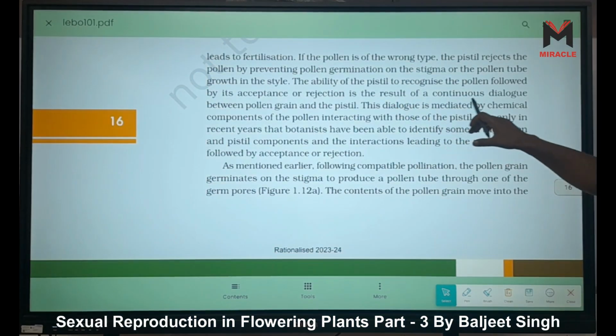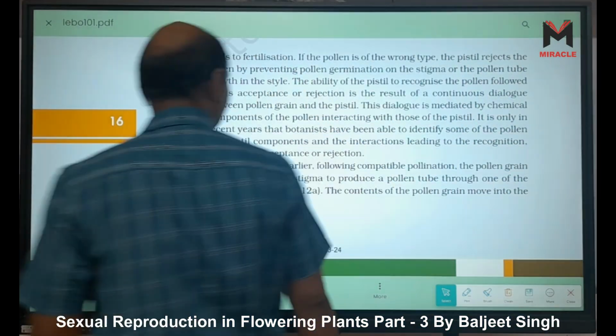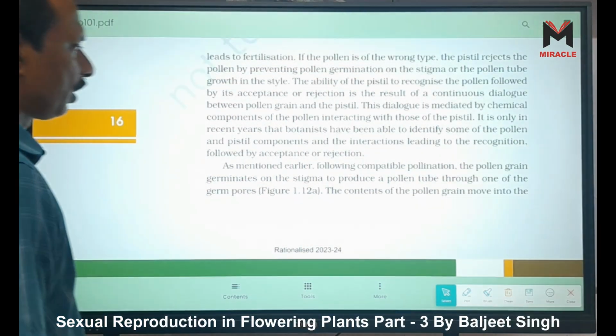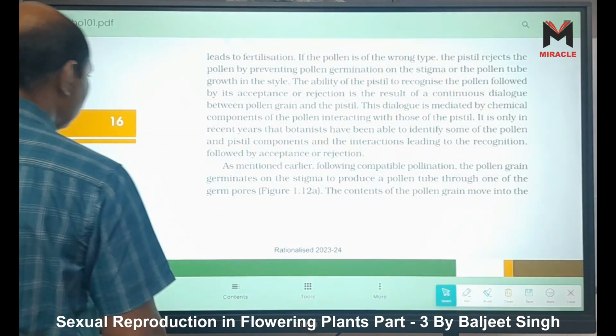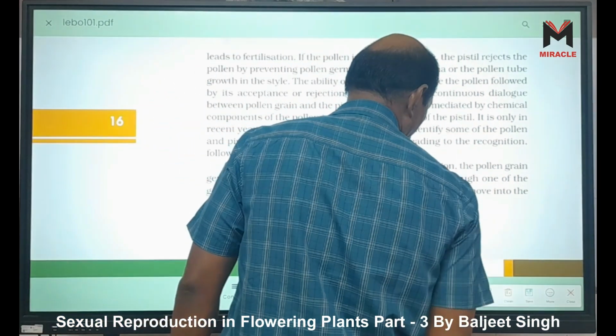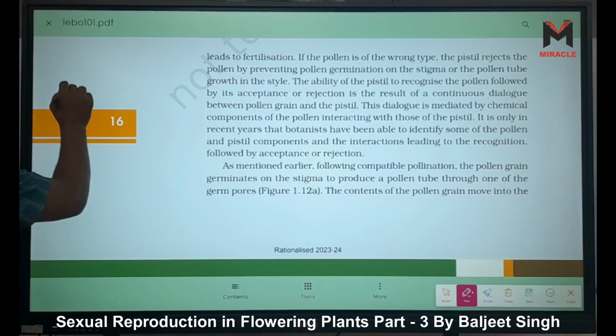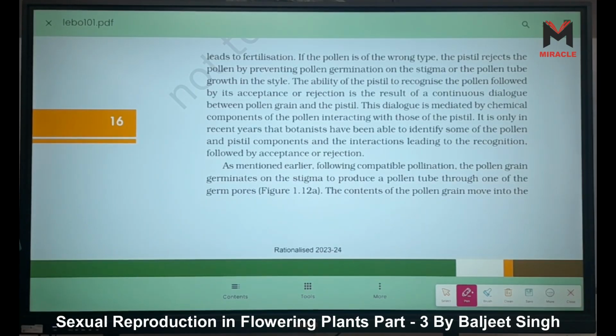This dialogue is mediated by chemical components of the pollen interacting with those of the pistil, right? For the germination of the pollen tube, which chemicals are responsible? Boron and calcium, right?